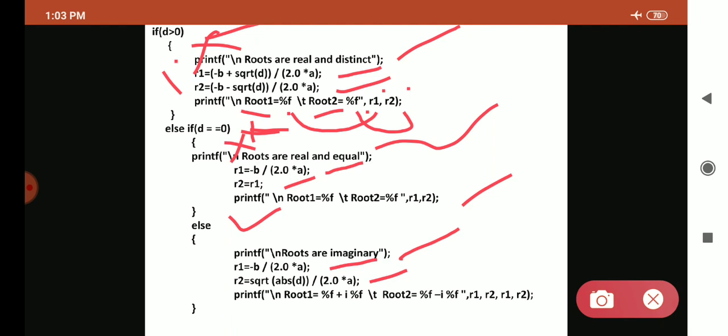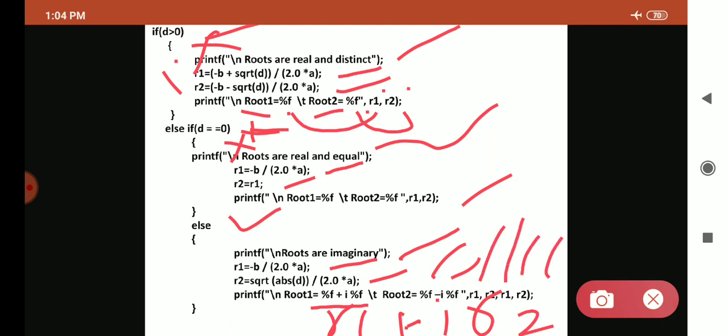That's why we have written percentage f plus i percentage f. It is nothing but r1 plus i r2. It is in this form. And similarly root 2 will be percentage f minus i percentage f. So there are 4 percentage f's. Therefore we have 4 variables: r1, r2, r1 and r2.